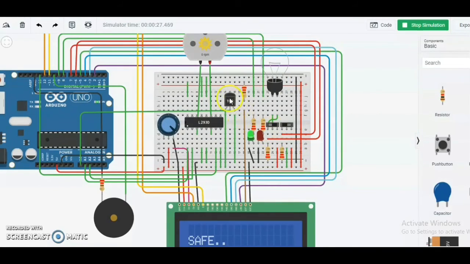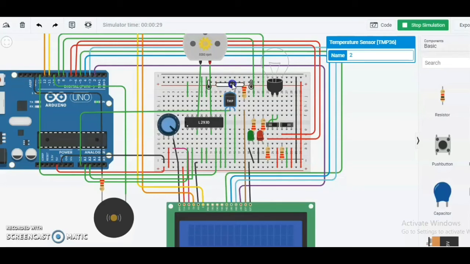When the temperature in the device or machine is greater than 30, the red LED will blink and the LCD will show danger. At the same time, the buzzer will be on to give an alert to other people or people around.